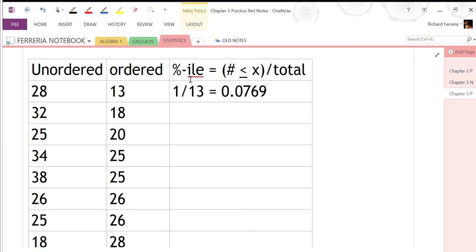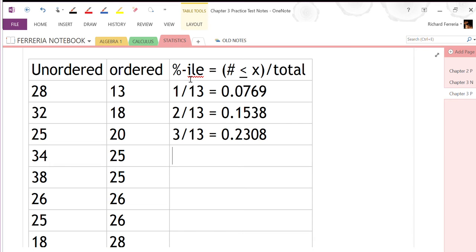How many numbers are less than or equal to 18? 2, right? There's 18 and there's 13. So that percentile rank for 18 is 2 out of 13. How many of the toe angles are less than or equal to 20? 3. 3 divided by 13 gives me the 23rd percentile.